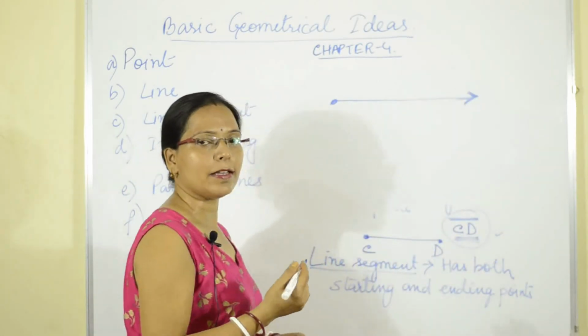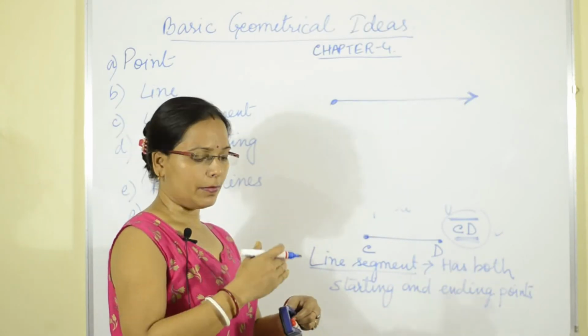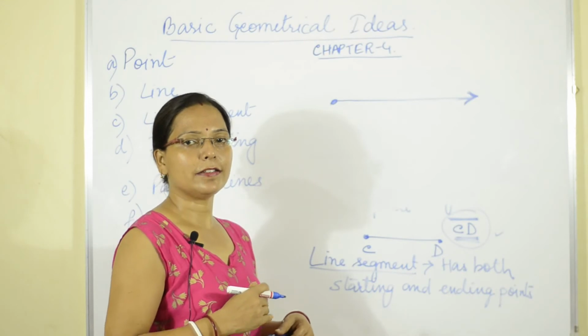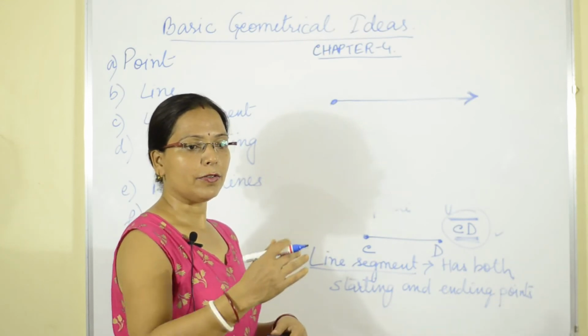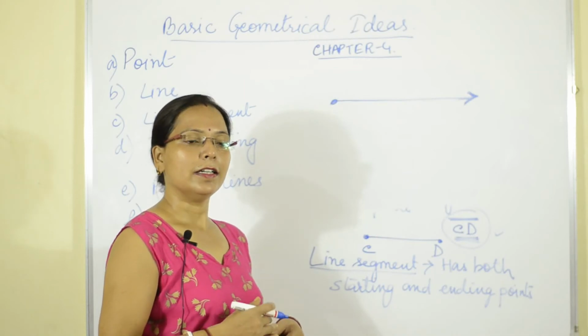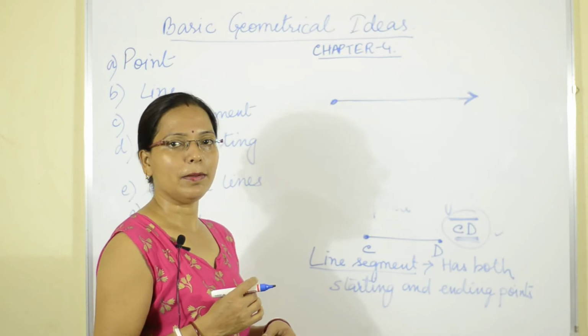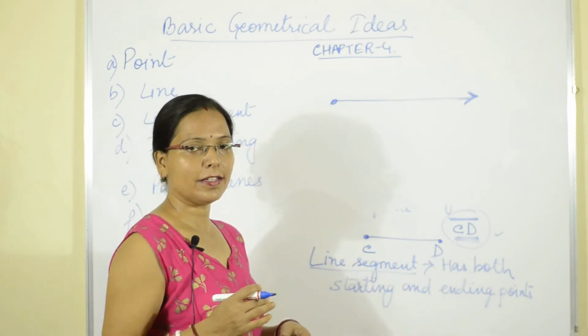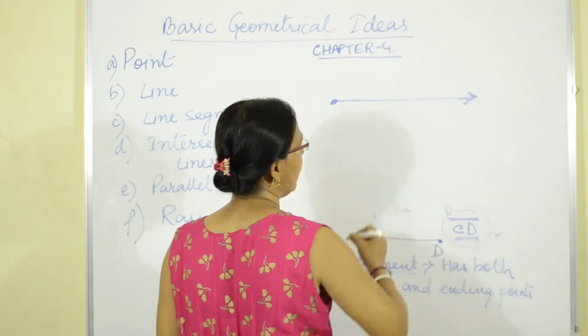A ray though has a starting point but has no ending point. You can take another example of a flashlight. You switch on a flashlight, the tip of the flashlight is a starting point, but the ray goes on, you can see the light up to that portion where your eyesight will permit. So, that is not fixed. That is why a ray has no ending point.